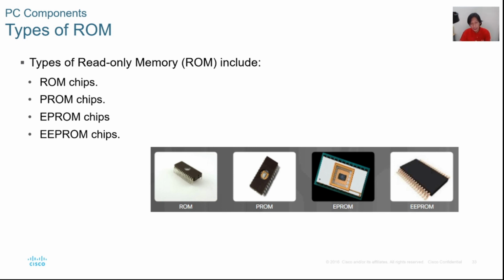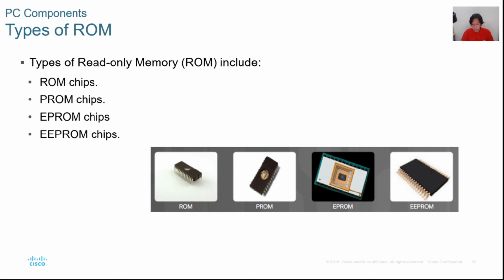It goes differently with programmable ROM. Programmable read-only memory is written after it is manufactured. PROMs are manufactured blank, then you add the information or the program. Generally this chip also cannot be erased, and it can only be programmed once. That's what we call programmable read-only memory.